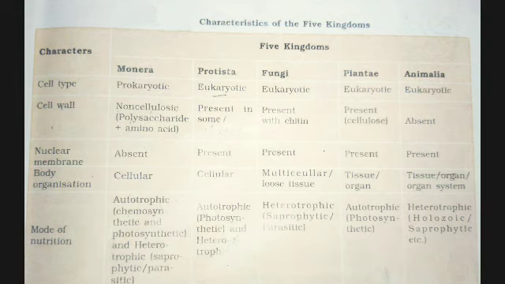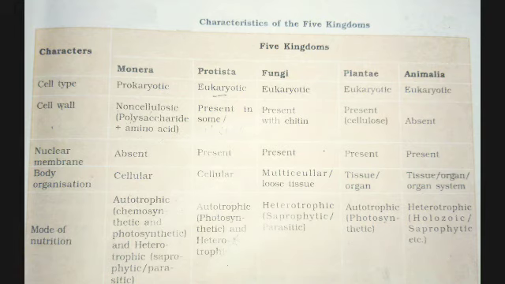Now the second last kingdom is kingdom Plantae. So cell type of this kingdom is eukaryotic. It means a well defined nucleus and nuclear membrane. Cell wall is made of cellulose. As we know, cellulose is present in green and autotrophic plants. So the cell wall of kingdom Plantae is made of cellulose.